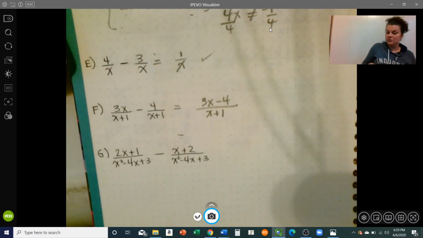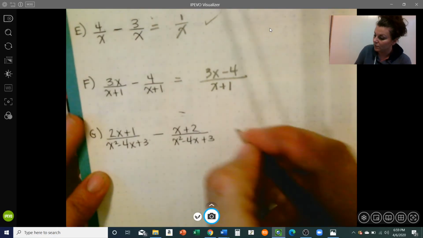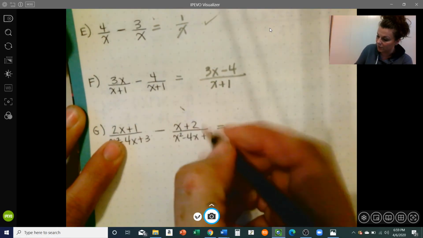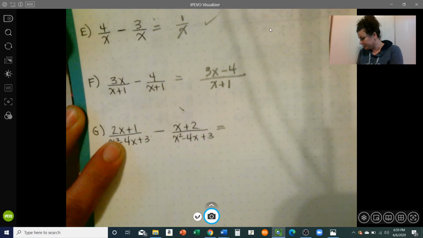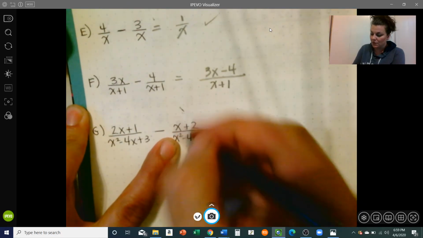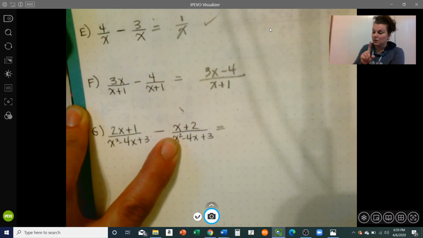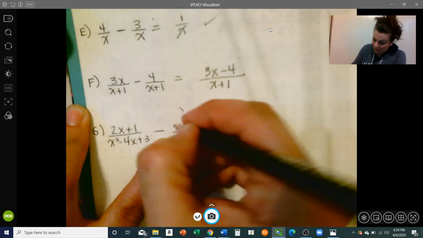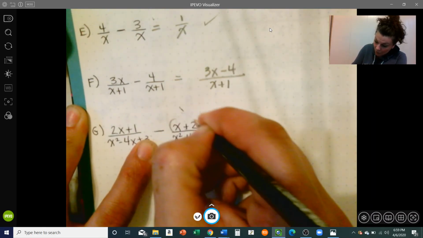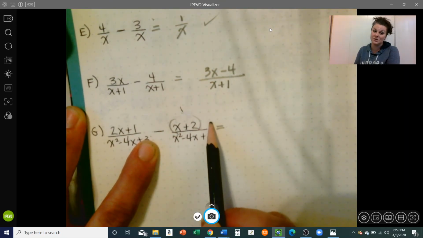Okay, so then I have this last one. So let's combine things here. So I'm going to go 2x minus x. I guess I'm going to have you pause. When I'm subtracting this whole thing, that means I'm subtracting x, but I'm also subtracting that 2.